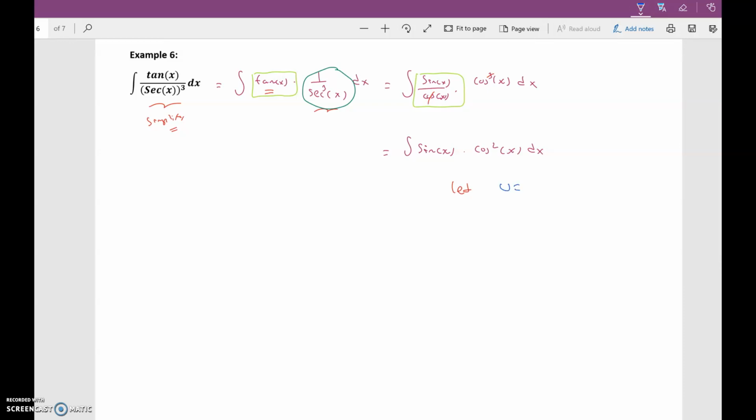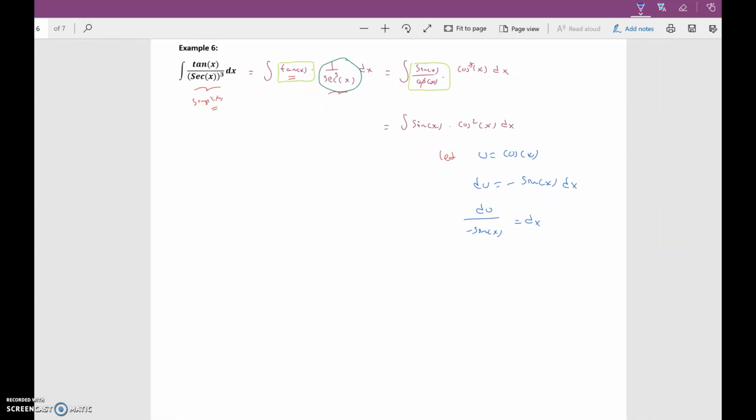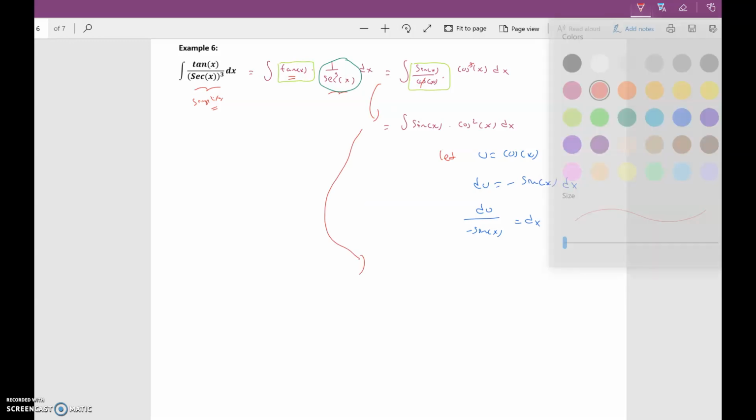So let u equal to the cosine of x, then du is equal to a negative sine of x dx, or du over the negative sine of x is equal to dx. And then we're going to try to see here if it's possible to rewrite the integral.